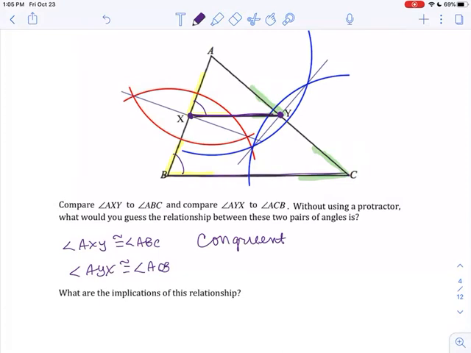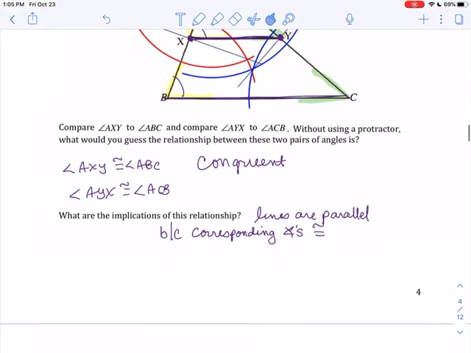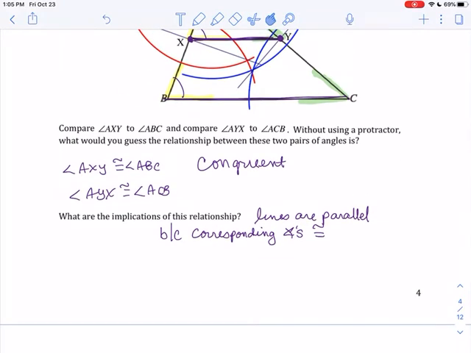So what's the implication of this relationship? If these two angles are congruent, that makes line XY and BC parallel because those are called corresponding angles. So the lines are parallel because the corresponding angles are congruent. Since those angles are congruent and they are corresponding angles, that means that the lines are parallel.